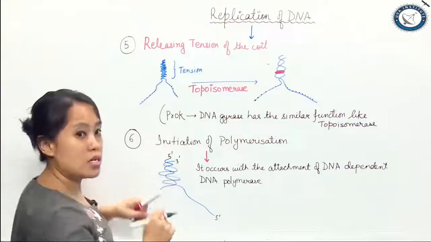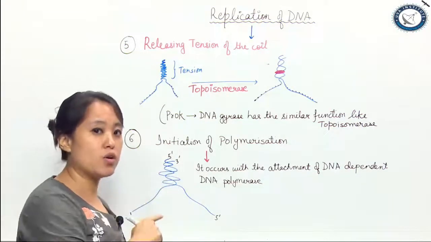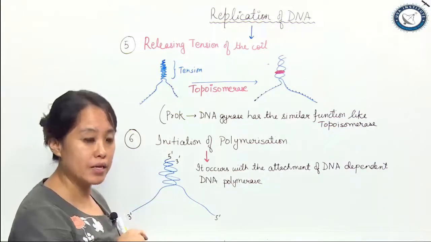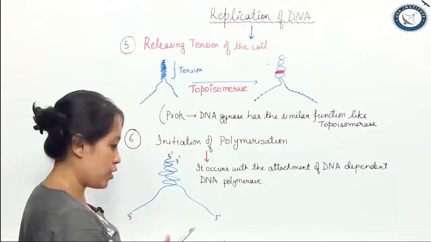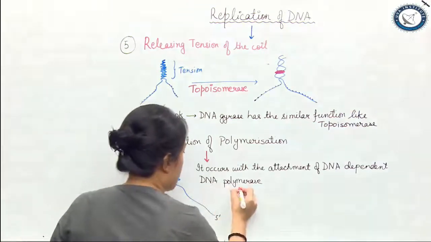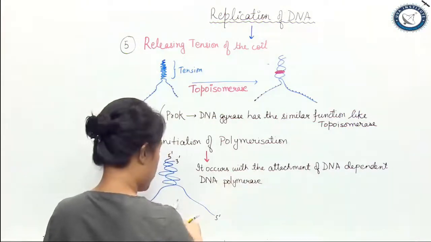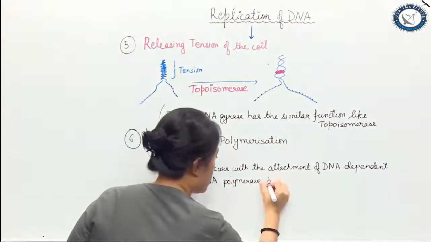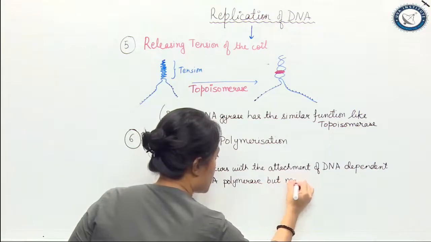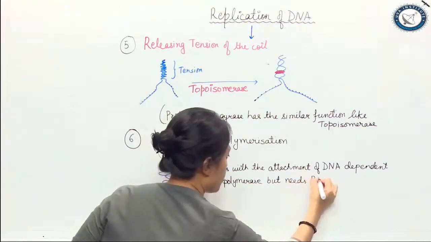Okay? But DNA dependent DNA polymerase cannot add like that. It needs a helping hand. So it occurs with the attachment of DNA dependent DNA polymerase, but needs RNA primer for it.